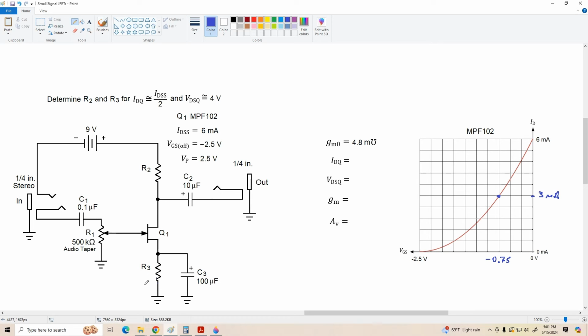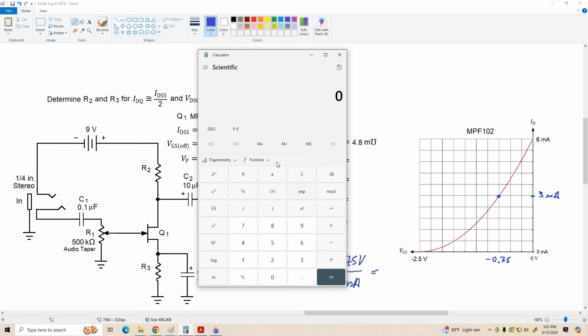We're going to find the value of the source resistor R3 using Ohm's law. R3 is equal to 0.75 volts divided by the current flow, which is 3 milliamps. 0.75 divided by 0.003 is 250 ohms.